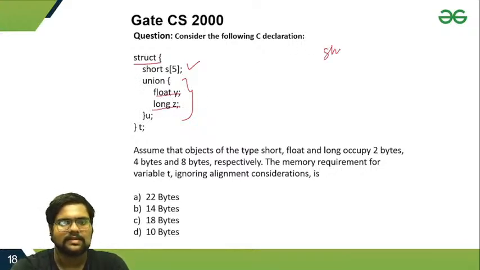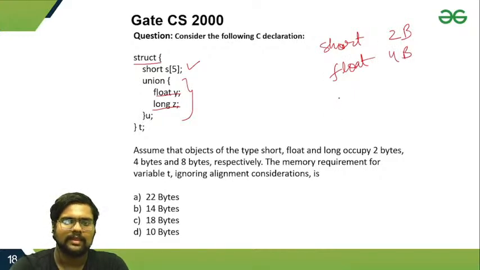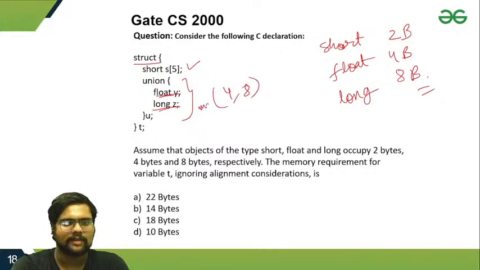In this question it is given that short will contain 2 bytes, float will contain 4 bytes, and long will contain 8 bytes. In the union, float and long will be there, so 4 and 8. The maximum of 4 and 8 will be 8, so the size of the union will be 8.